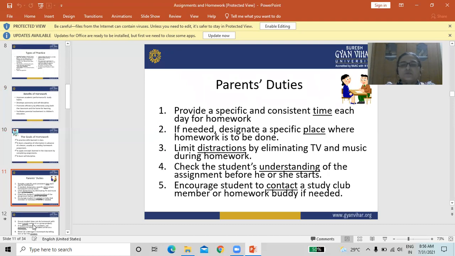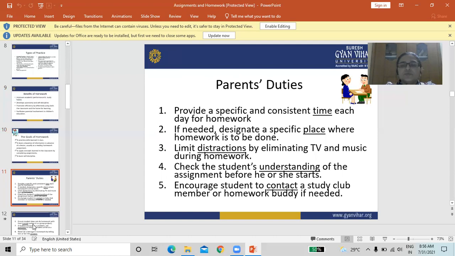If needed, designate a specific place where homework is to be done.